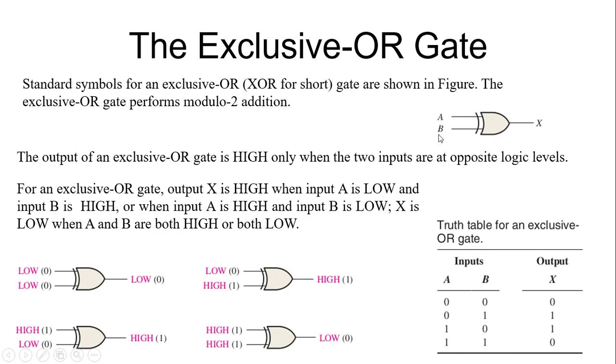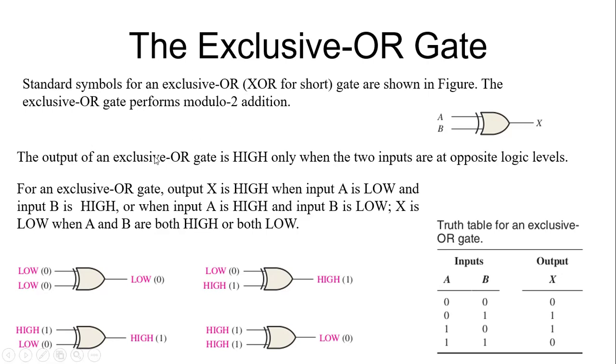Again, this is a two input gate, so we have two inputs A and B and a single output X on the right. The exclusive OR gate performs modulo 2 addition. In modulo 2 addition, 1 plus 1 is equal to 0, 1 plus 0 is equal to 1, 0 plus 1 is equal to 1, and 0 plus 0 is equal to 0. So it basically performs modulo 2 addition.